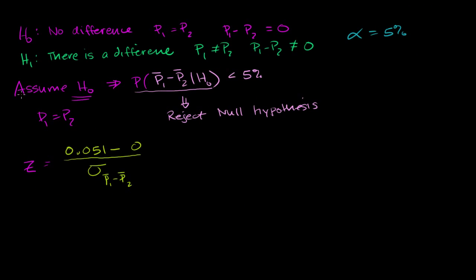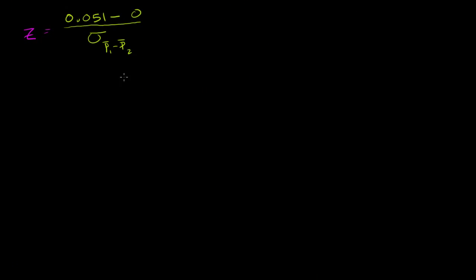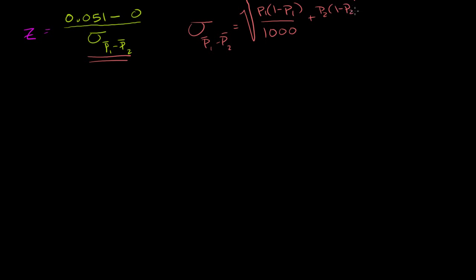In our last video, I don't want to confuse the issue because I made this approximation over here, so let me write the clean version down here. We know that the standard deviation of our sampling distribution of this statistic, the sample proportion of P1 minus the sample proportion of P2, is equal to the square root of P1 times 1 minus P1 over 1,000 plus P2 times 1 minus P2 over 1,000.